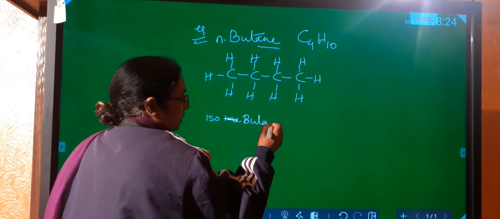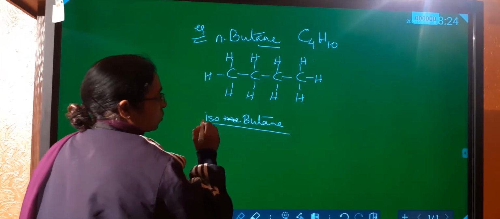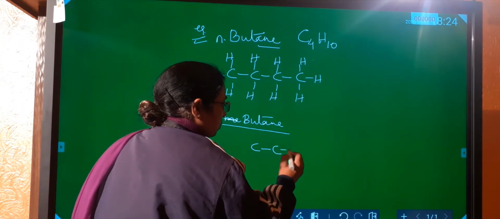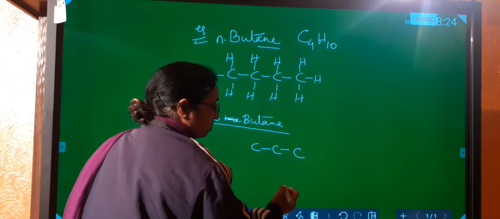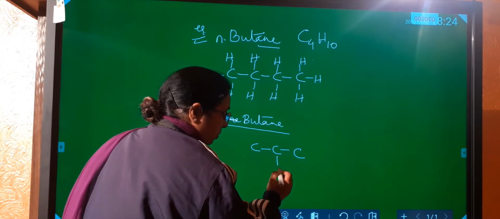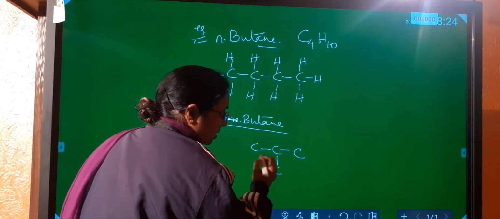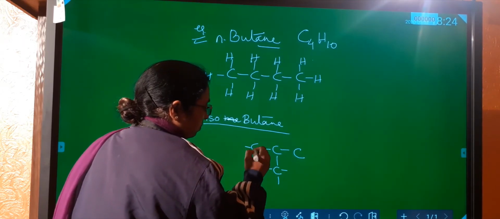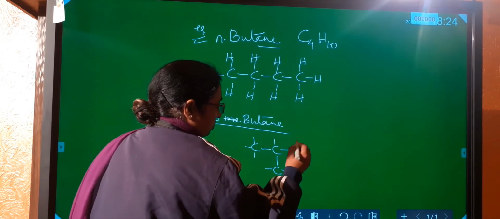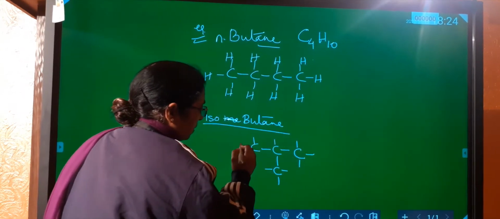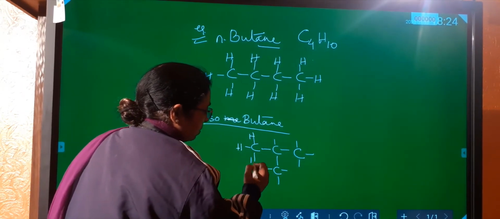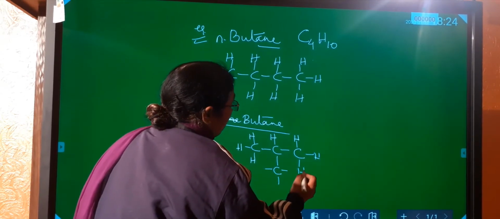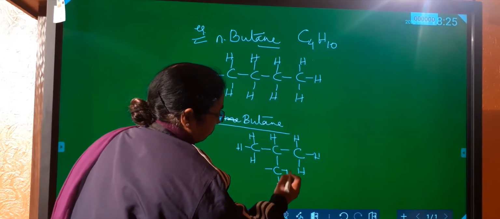आइसोब्यूटेन के लिए क्या होगा कि हमने क्या किया, इसमें आइसोब्यूटेन कैसे बनेगा, ये 3 कार्बन है और ये चौथा कार्बन जो है वो इसके साथ इसकी चेन फर्क हो गई. So as you can see, this is also having 10 hydrogen.